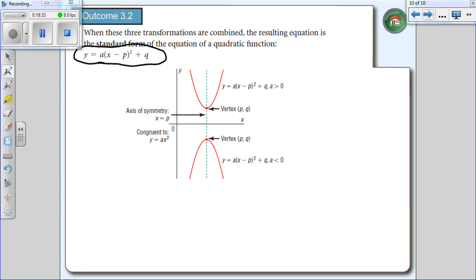We call it standard form. General form was this. That was general. Now we do standard form. Standard form is this one.